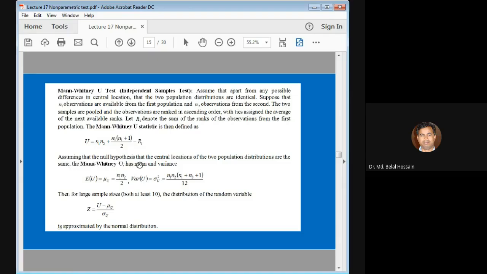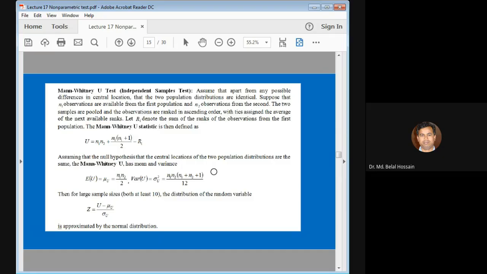Assuming that the null hypothesis is that the central locations of the two population distributions are the same. You see carefully that we are talking about the central location measure, the central locations of the two distributions are the same. So that is the null hypothesis. We are not saying that mu1 equals mu2. There is no mu1 mu2 here.